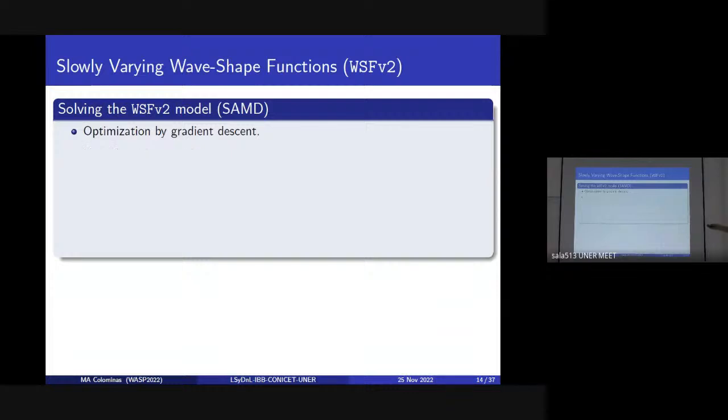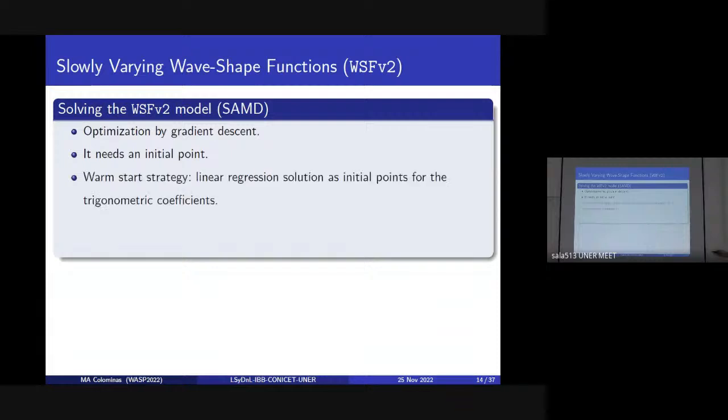Since it is an optimization by gradient descent, you can think about the nlinfit function from MATLAB, lsqcurvefit from MATLAB, or your favorite optimizer. But the point is that it needs an initial point. This is a really important step.